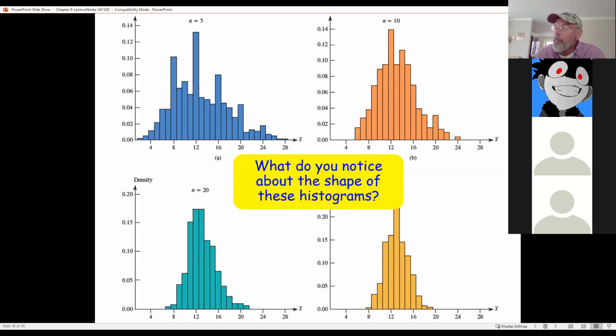And the shape of the curve is also influenced by the sample size, this one being very symmetrical, and this one being very affected by the population distribution.